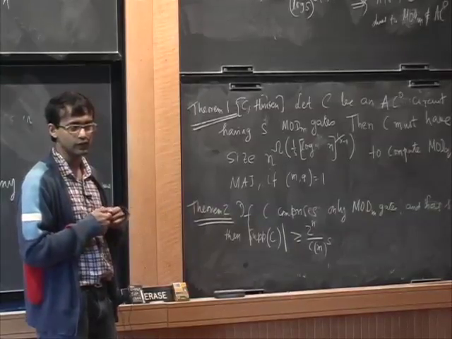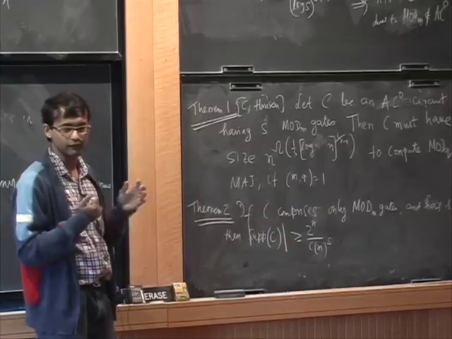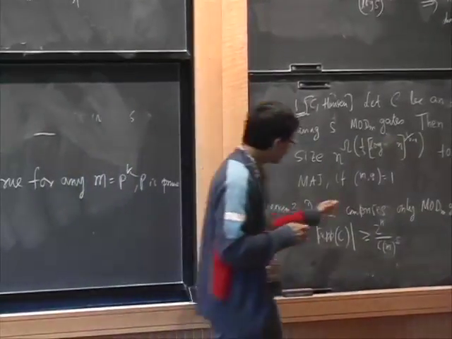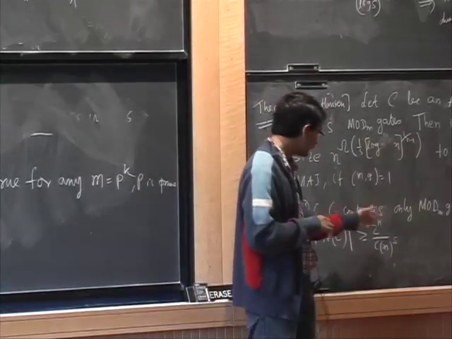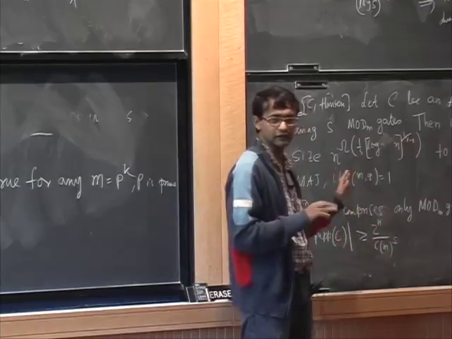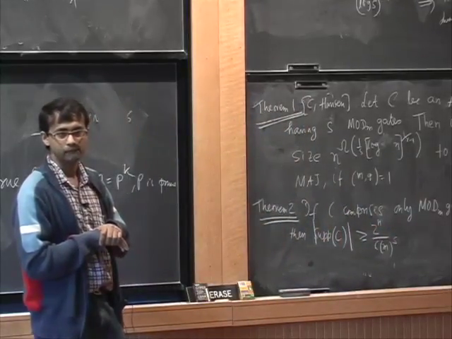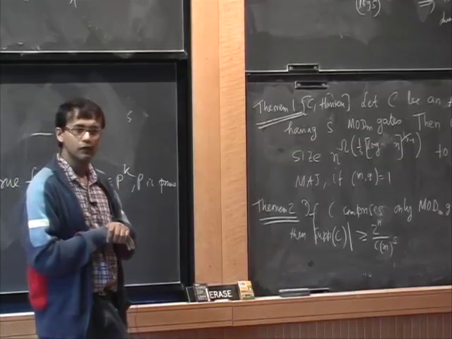I mean, you cannot prove an omega n squared bound for any function. Here, if you have circuits, independent of the depth, we get at least linear lower bounds.